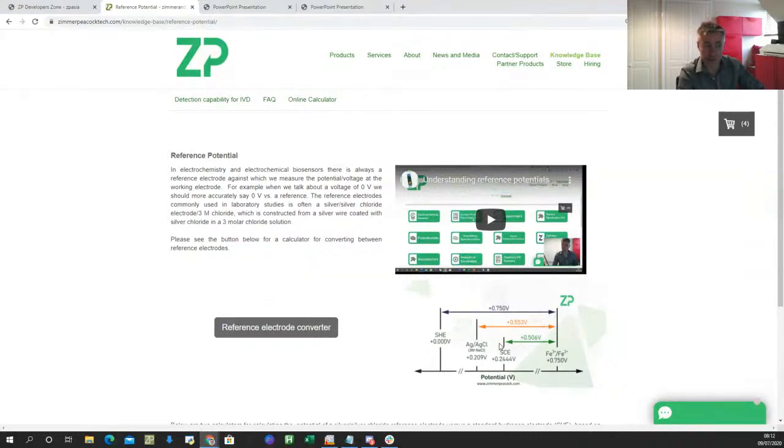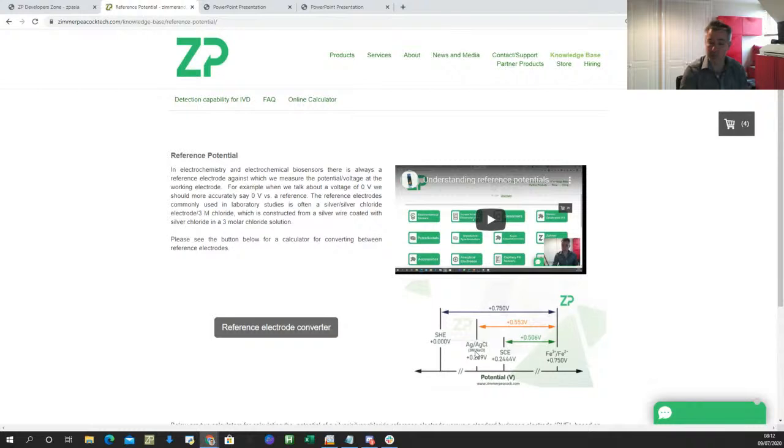So in this diagram here, the scientist is applying 0.533 volts. That's 533 millivolts. But if they're really reporting this correctly, they would be saying, I've applied a voltage of 553 millivolts versus a silver chloride electrode at 3 molar sodium chloride.